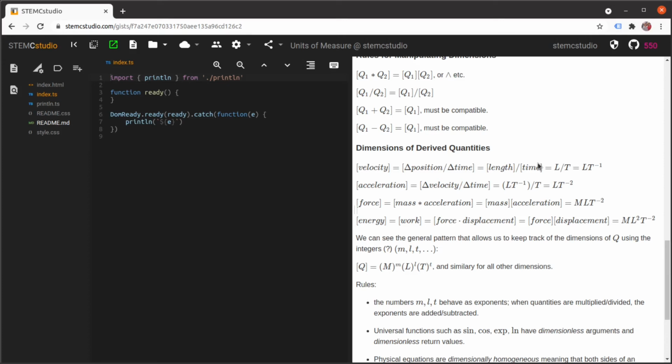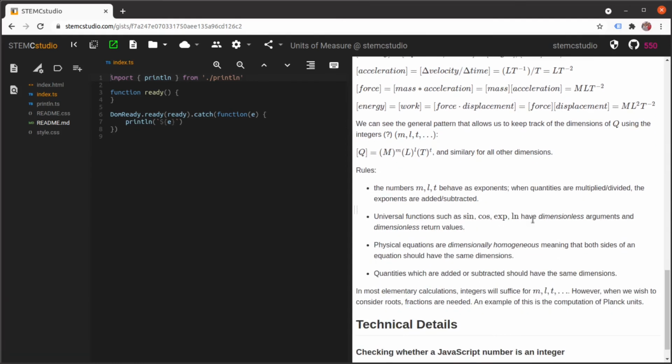Conversely, if you take a square root, you're going to take the exponent and divide it by 2. Or if you take a cube root, you'll be dividing by 3. So if we want to support roots, then we would need to have fractions for m, l, and t.